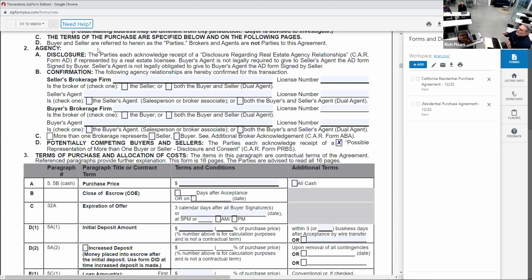So the contracts are, and when we're talking agency, we're not talking individual agents, we are talking about the brokerage. So even though you might be representing the buyer and you might be representing the seller, you're both part of this brokerage, so it still would be dual agency. So it's the brokerage.